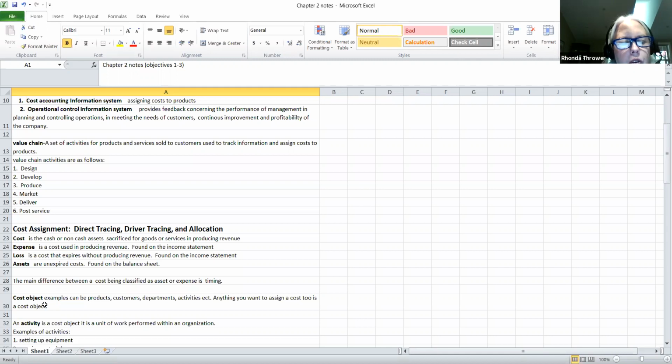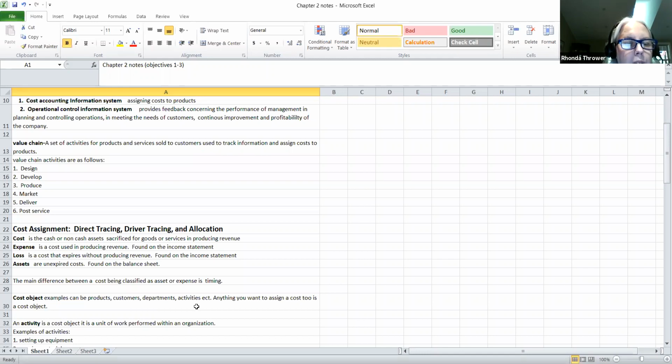Something that we're going to be looking a whole lot at in cost accounting is what we refer to as a cost object. And there can be many examples of cost objects, but mainly the cost objects that we're going to be talking about in this class will be our products. We could also use customers as a cost object, departments as a cost object.